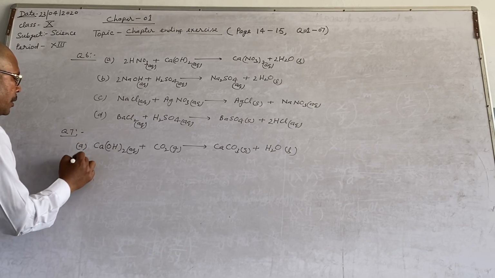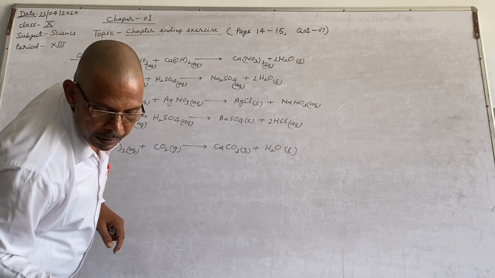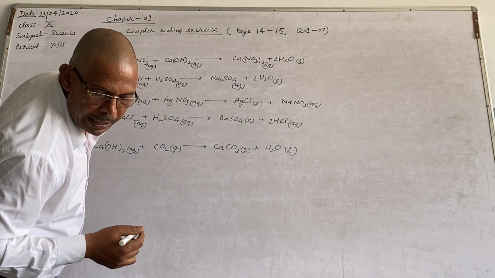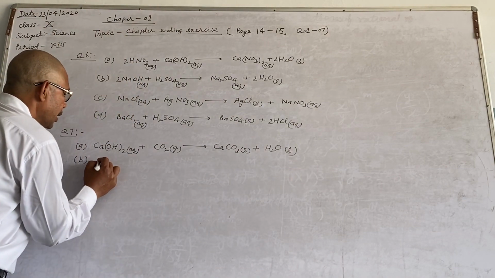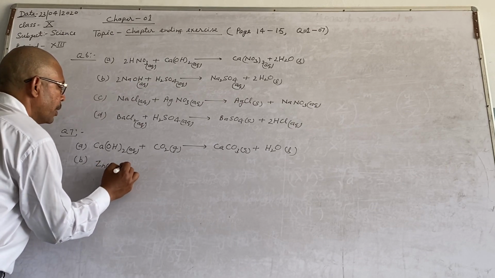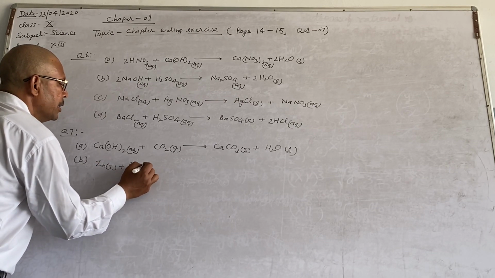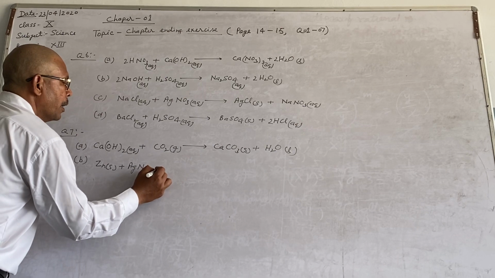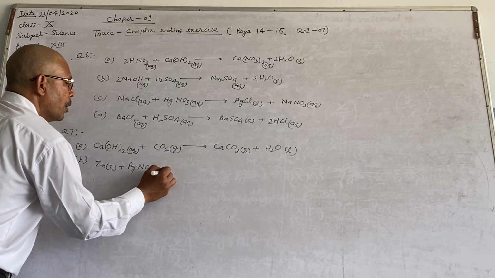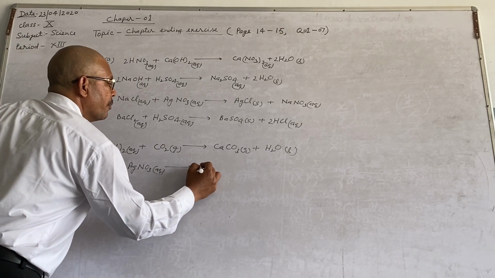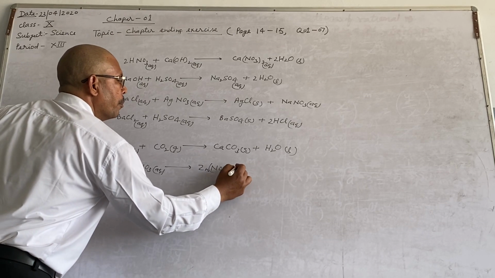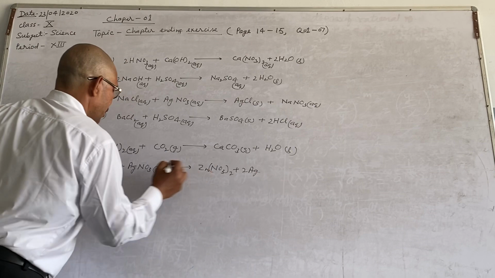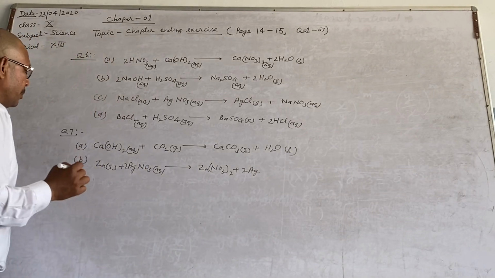And second, zinc plus silver nitrate gives zinc nitrate plus silver. Zinc solid plus silver nitrate AgNO3 aqueous. After reaction they form zinc nitrate plus silver. This is the balanced chemical equation.